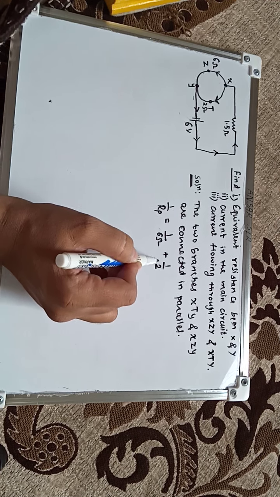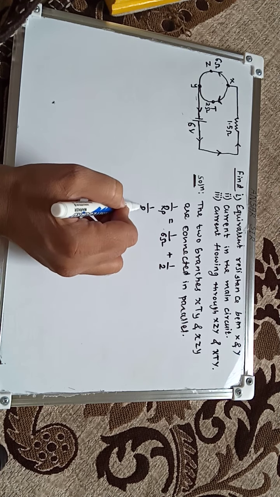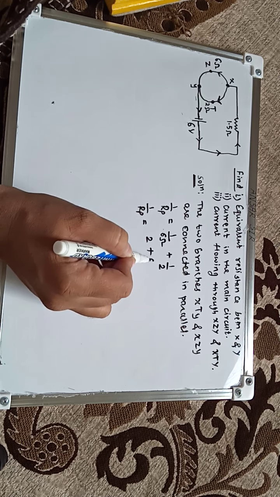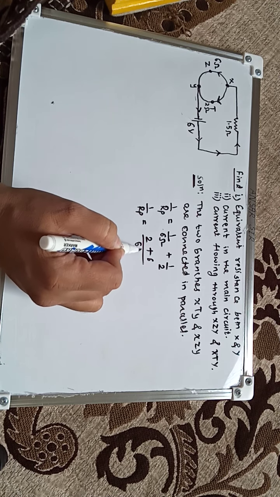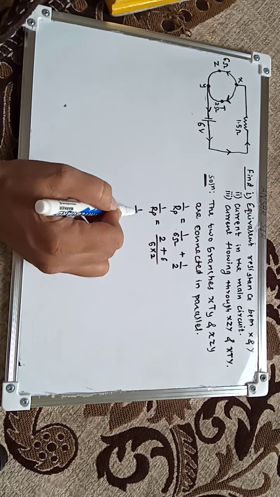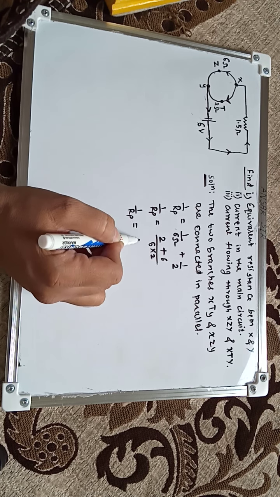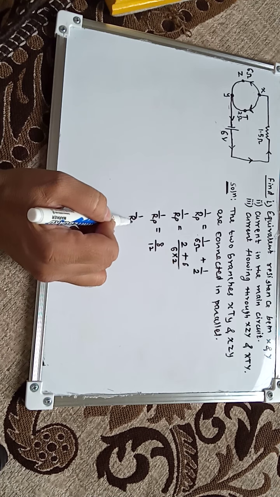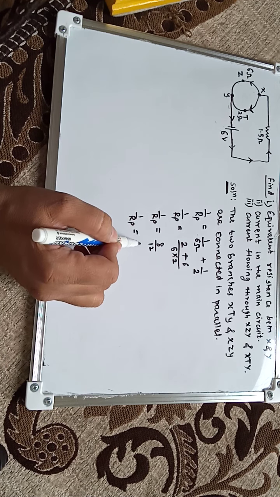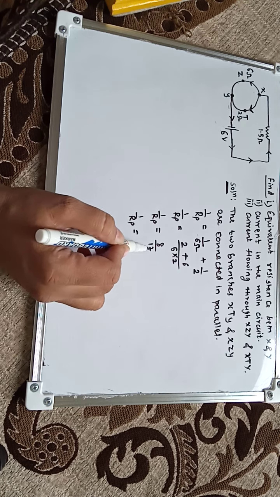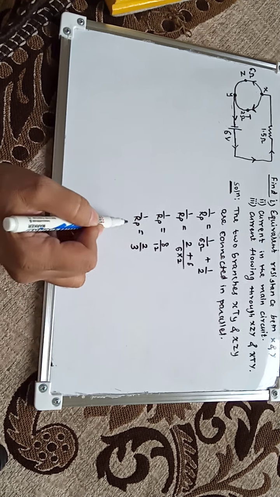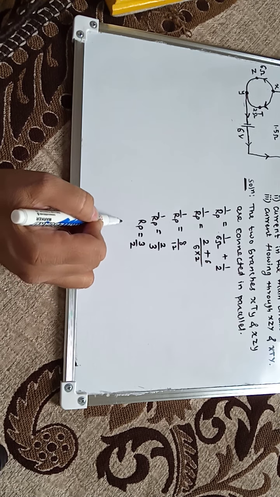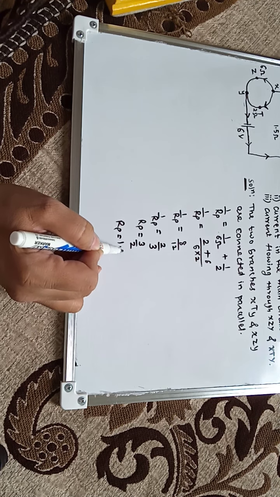After solving, 1 upon Rp is equal to 2 plus 6 divided by 6 into 2, so this will be 8 upon 12. So 1 upon Rp will be 8 by 12, which is 2 by 3. If we take the reciprocal, Rp becomes 3 by 2, and Rp will be 1.5 ohm.